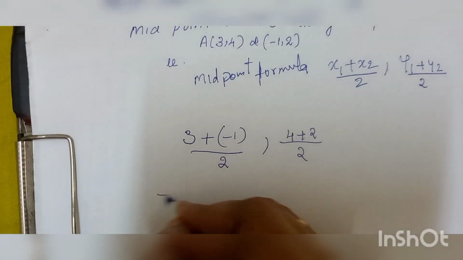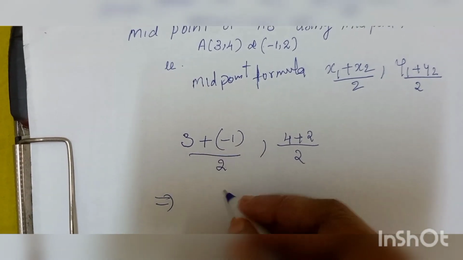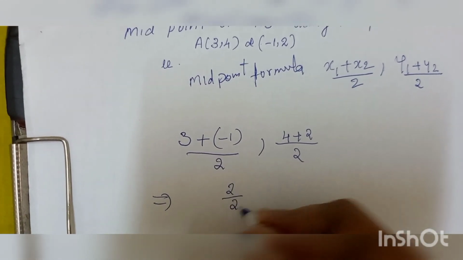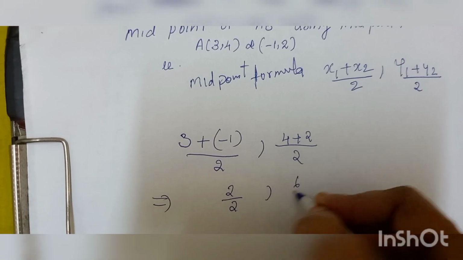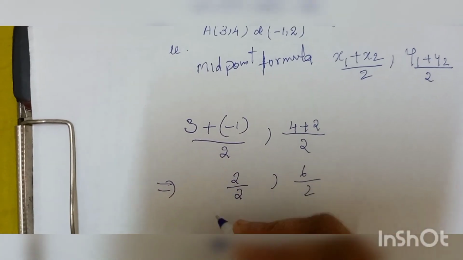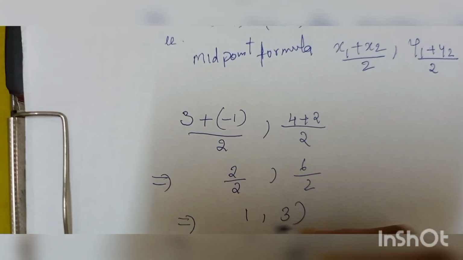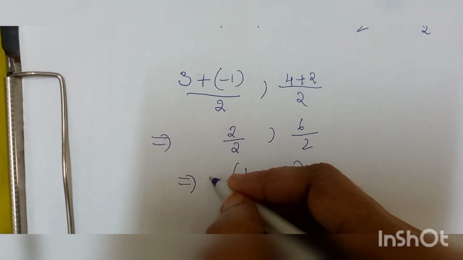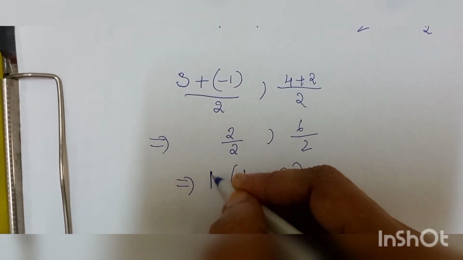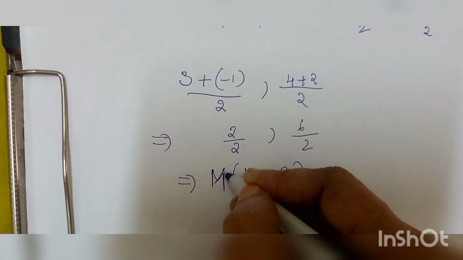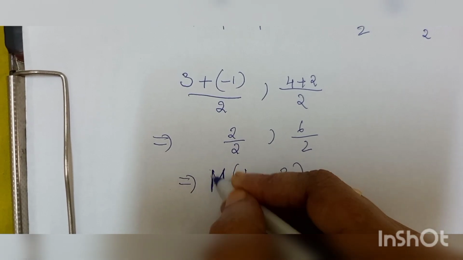After simplifying we get 2 by 2, comma, 6 by 2, which implies (1, 3). So the coordinates of the midpoint, we represent it by M.